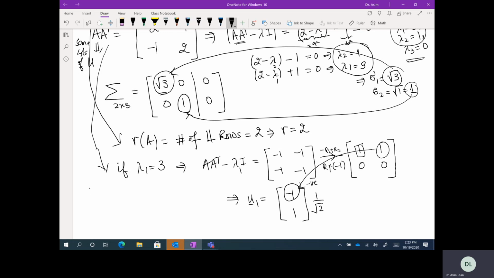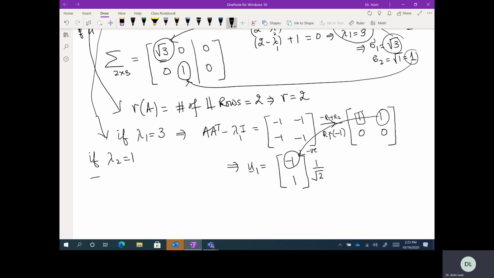What about U2? If lambda 2 is equal to 1, this implies AA transpose minus lambda 2 I equals, so 2 minus 1 is 1, this is minus 1, this is minus 1, and 2 minus 1 is 1. So I simply do R1 plus R2.